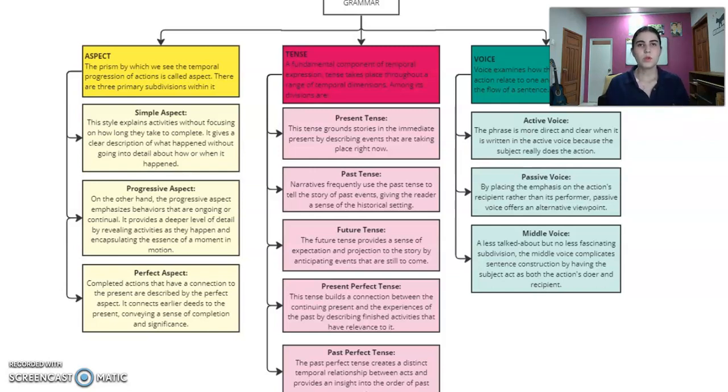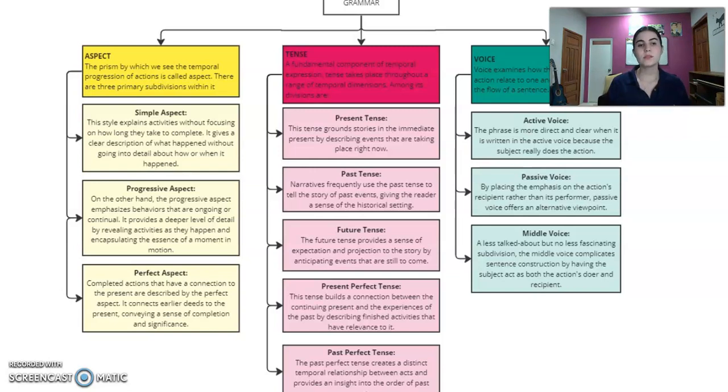For the simple aspect, it focuses on how long the action takes to complete. This gives you accurate descriptions of what happened without going into detail about how or when it happened.